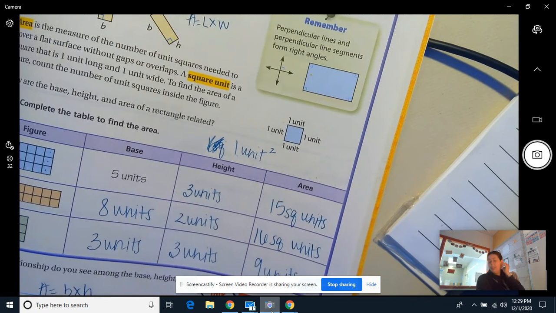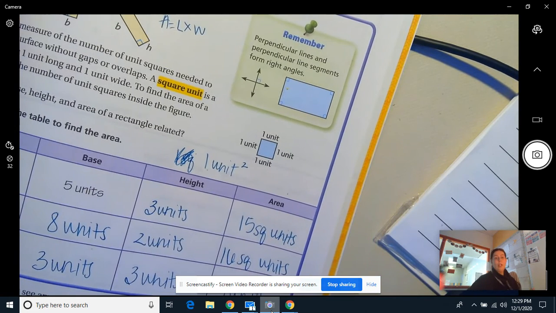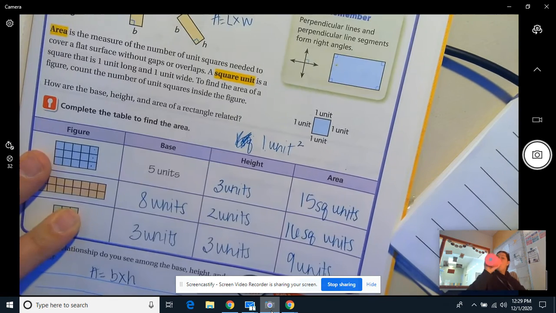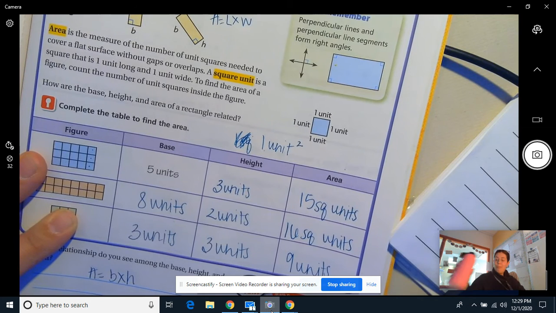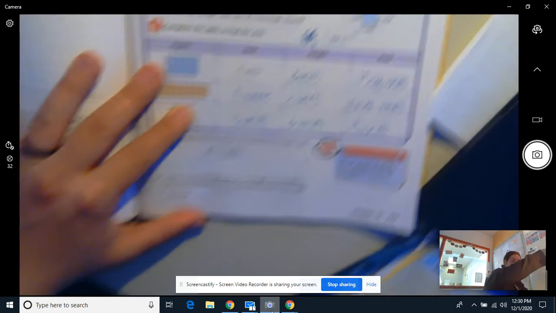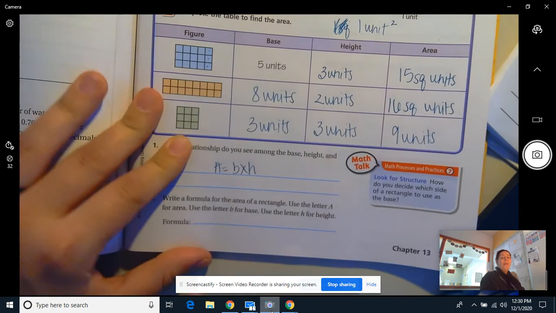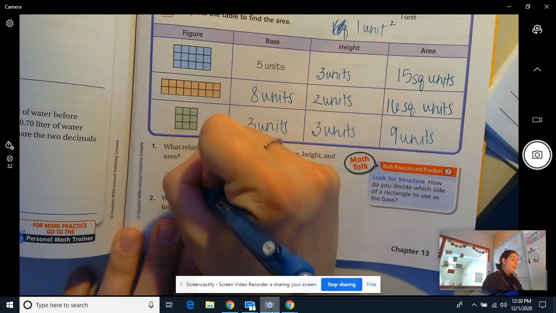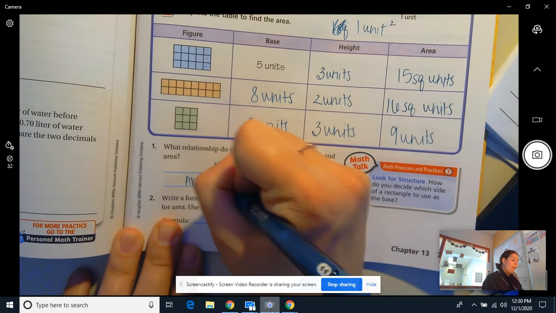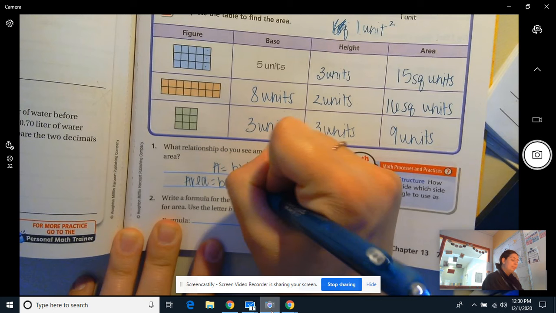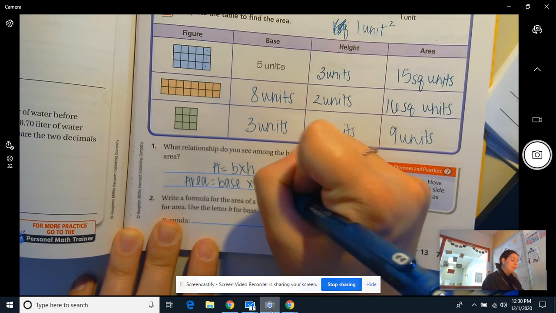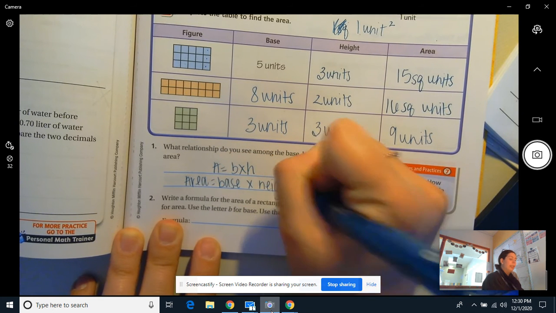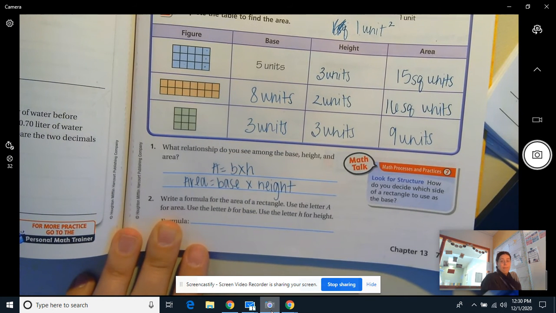So please don't get confused and think I'm talking about you the whole math lesson, okay? There you go. Make sure you're writing that down, please.